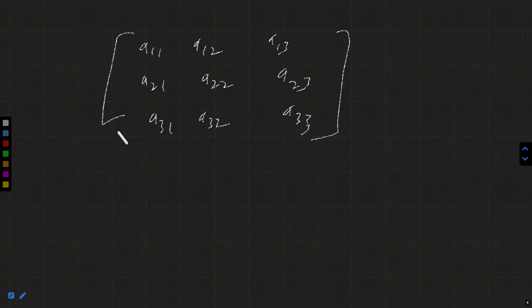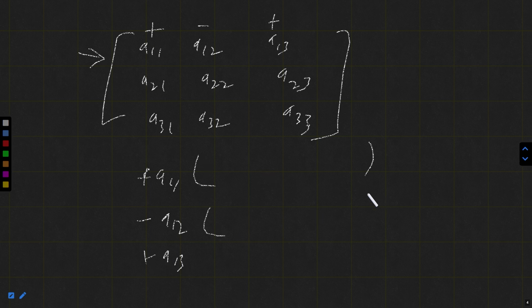In determinants, you all know, we expand according to a row or column, whichever you choose. Suppose you choose this row, so you will have your signs like this: plus a11, minus a12, plus a13, and then respectively you eliminate the respective rows and columns and multiply the corresponding elements.